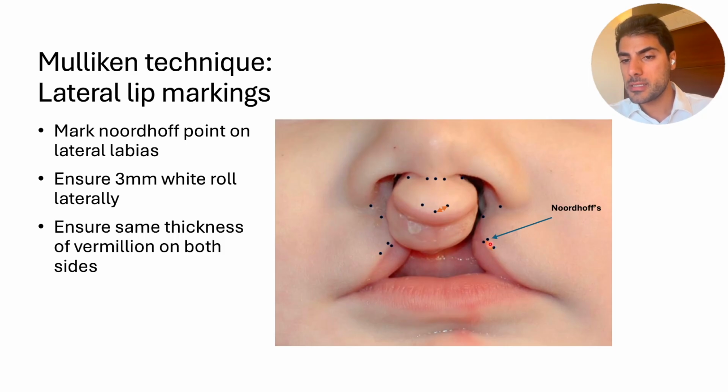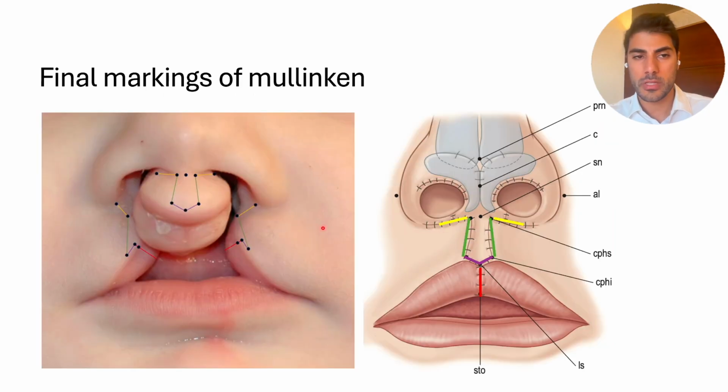So these will represent the peak of the cupid's bow. And this distance must be equal to this distance, because this will be the cupid's bow, and this distance must be equal to this distance. Okay? So these are the final markings of Millard. This is what it will look like. Just to repeat one more time, these are the philtral ridges we can see of equal length. The lengths are color-coded.